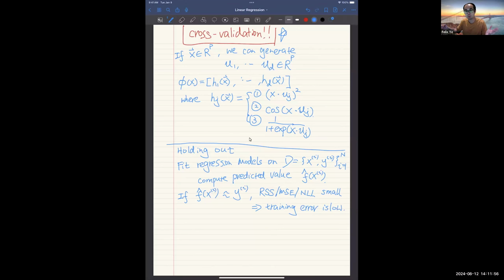But unfortunately, we are not interested in whether f hat xi is close to yi or not. This is something just for the training data.